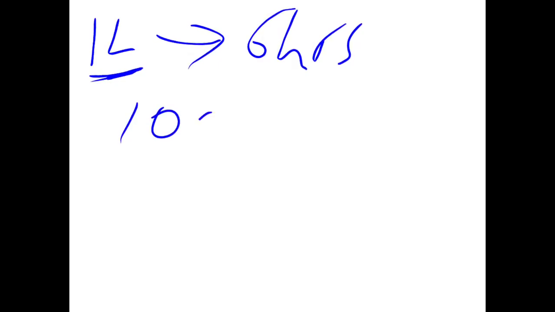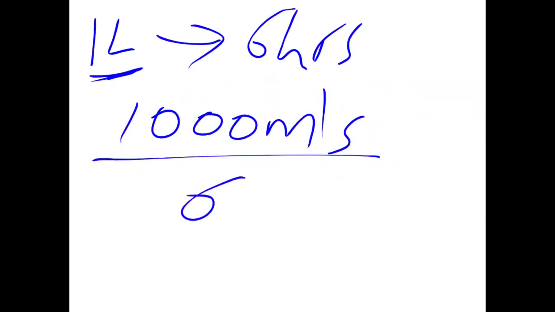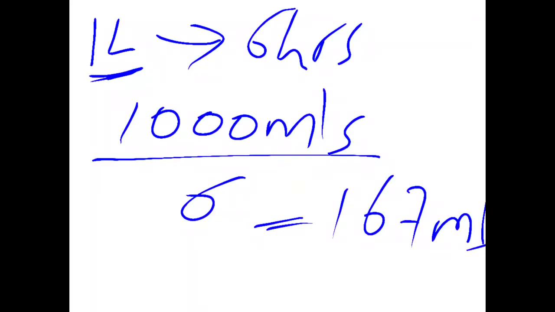So you can simply say 1000 mils divided by 6. When you do that division, you'll find that you arrive at an answer of 167 when we round off. So 167 mils is being given per 1 hour.